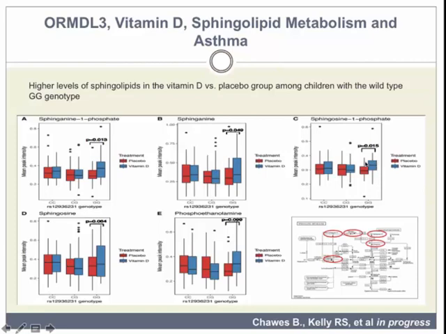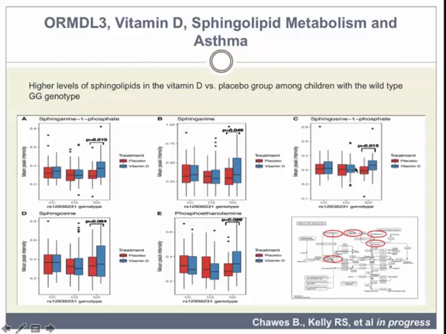The GG groups in all these cases are the people with no copies of the risk allele. And for all of these metabolites, you see that those people who have vitamin D, the metabolite is upregulated in this group. You see it's higher here, it's higher here, it's higher here, it's higher here, it's higher here. And while from this plot that may not actually look as statistically significant, a lot of these reach statistical significance.